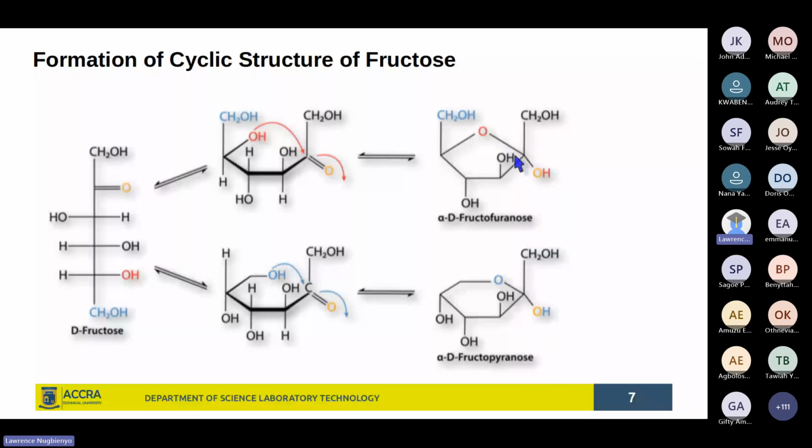Now we see this is the structure that we see most of the times, which we refer to as a fructofuranose. It's a fructose. So we saw with the aldoses a term, pyranose, and I said we'll come to it to understand.